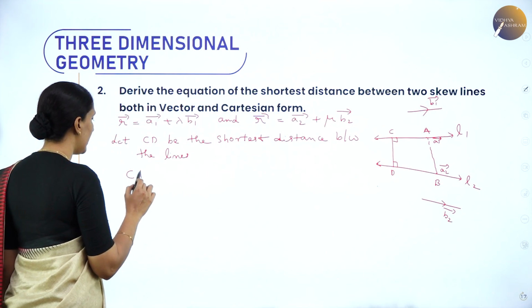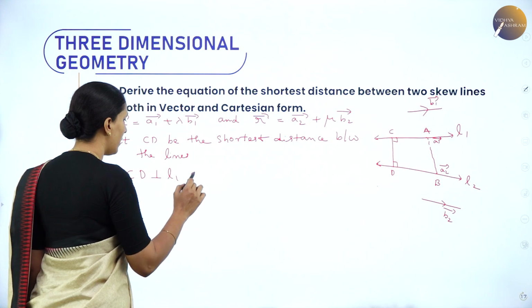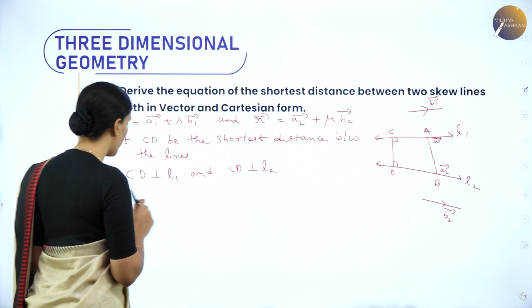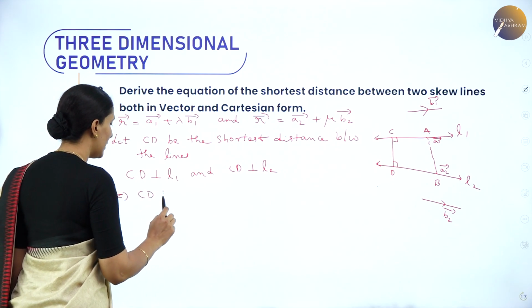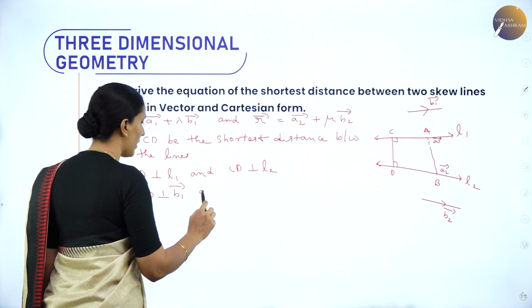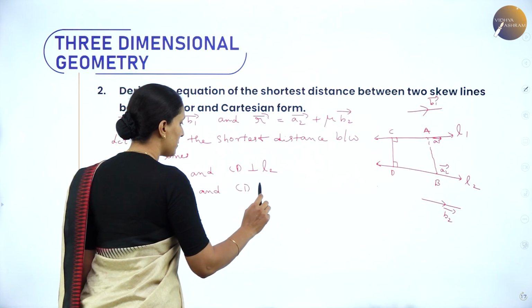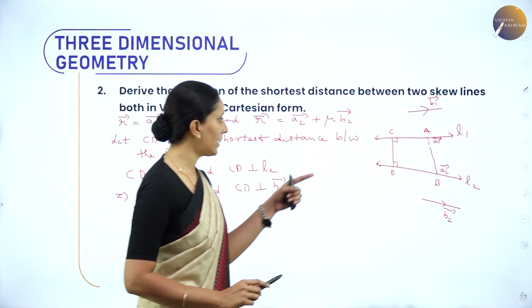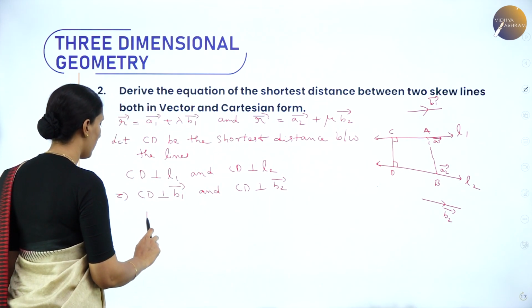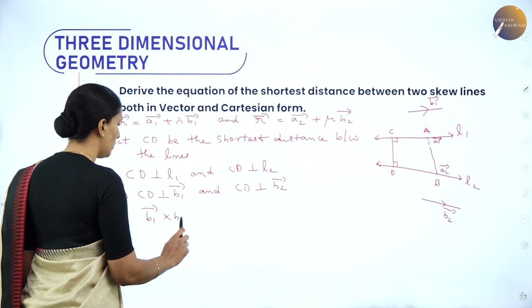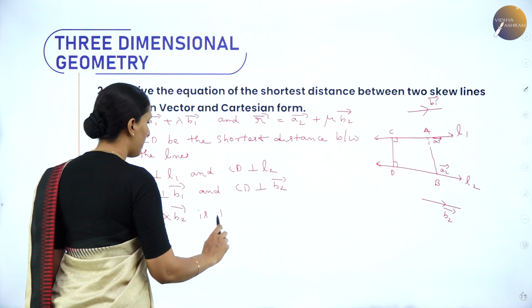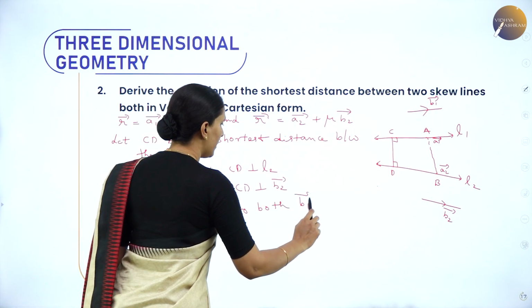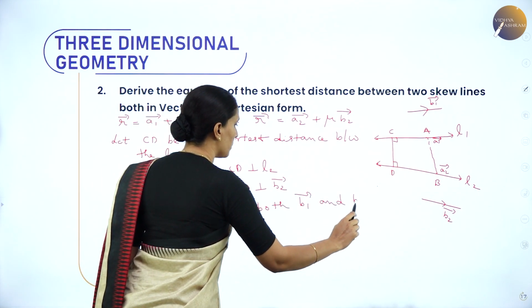So CD is perpendicular to vector B1 and CD is perpendicular to vector B2. But B1 cross B2 is perpendicular to both vector B1 and vector B2.